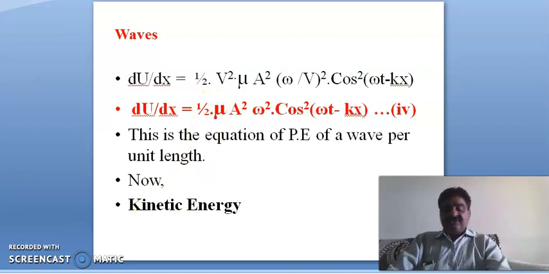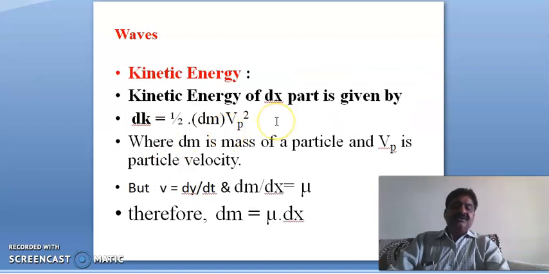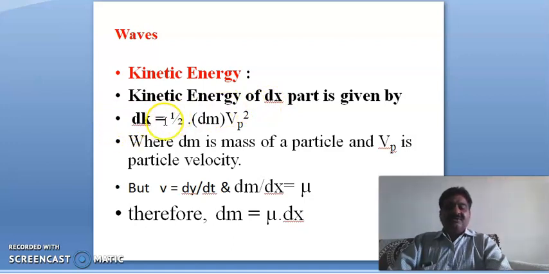Now let us turn towards the kinetic energy of a small part dx. It is given by dK is equal to half dm into Vp square, the particle velocity square.